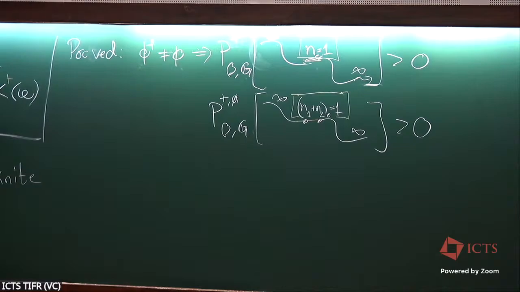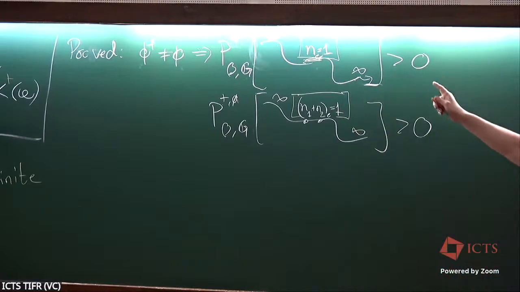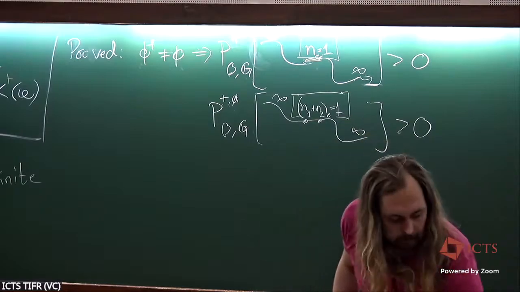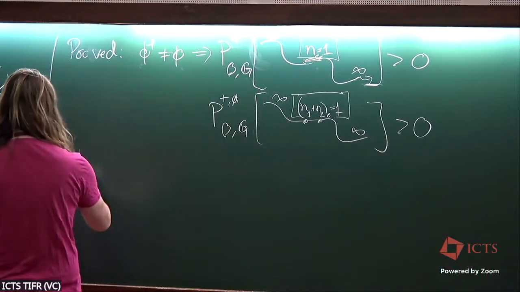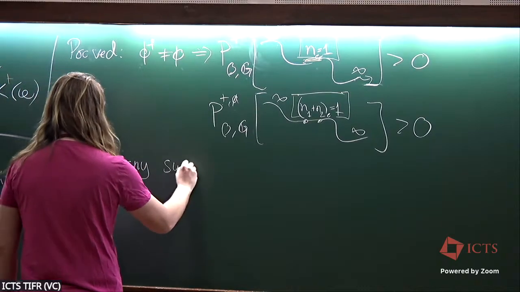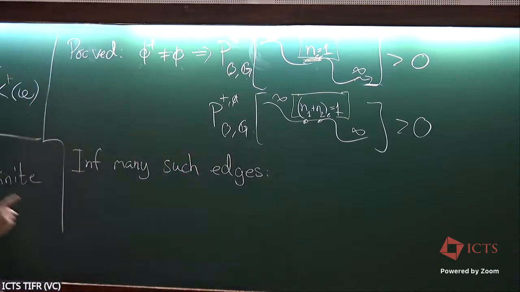What does it tell you? I mean, let's just draw it picturesquely. So both of these measures are ergodic in the transitive setting. So if in infinite volume you have positive probability, you must have a density of such edges.